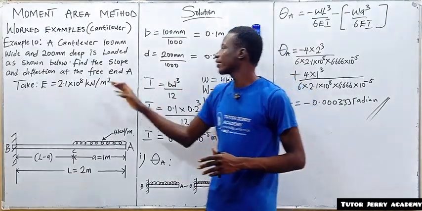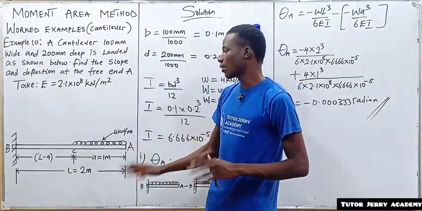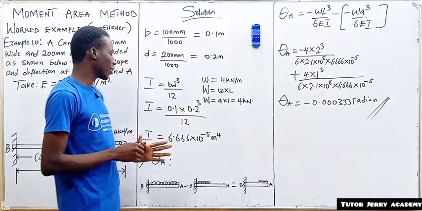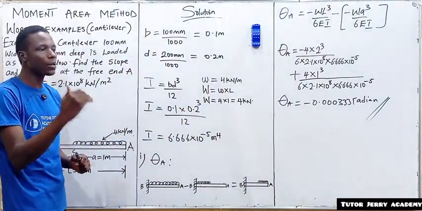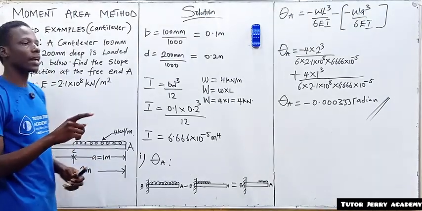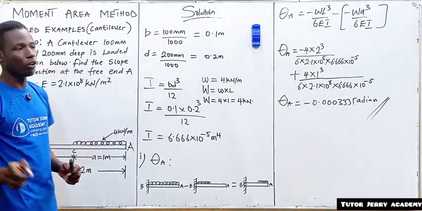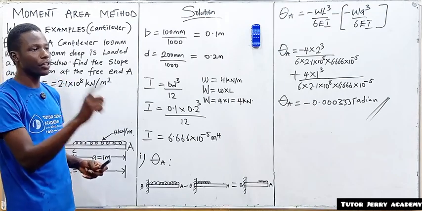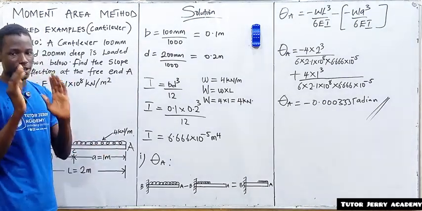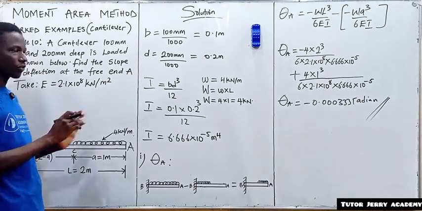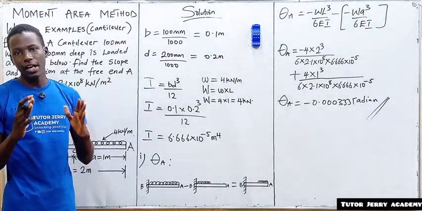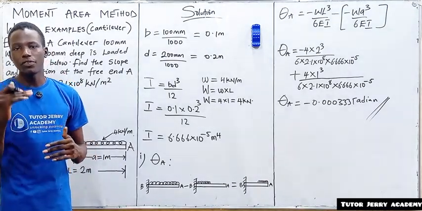Now, to get the deflection at the free end, the formula is W over 24EI into the bracket of 3L to the power of 4 minus 4LA to the power of 3 plus A to the power of 4. We have considered this case before, so it has a formula. Just get the formula and substitute into it. But very importantly, you need to know how the formula comes about. That is why it's important to watch the previous lessons.